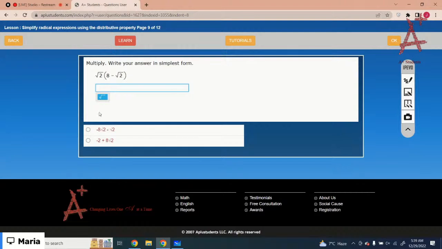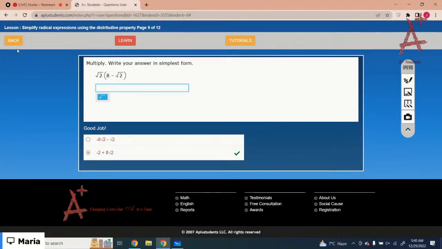That would be 8 square root 2 minus 2. Got it? Okay, you can complete the test by yourself later today.